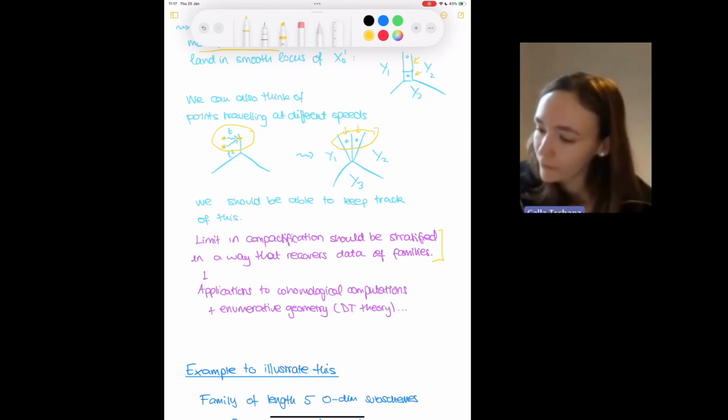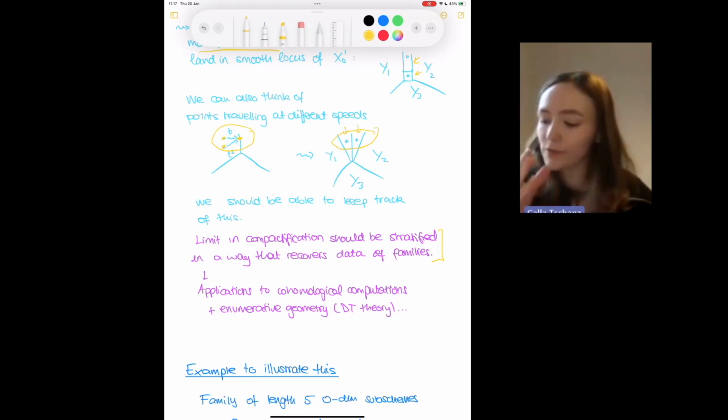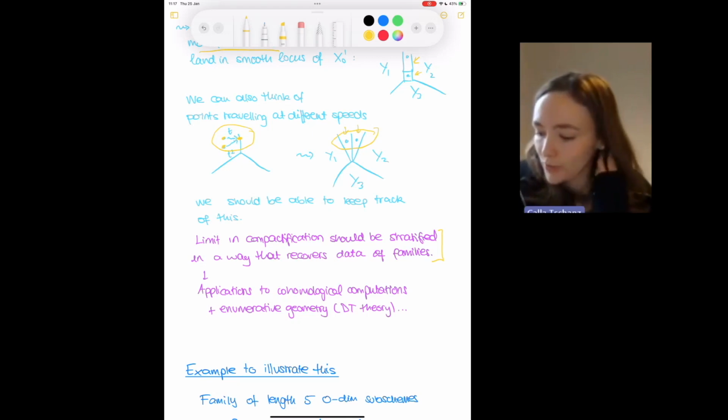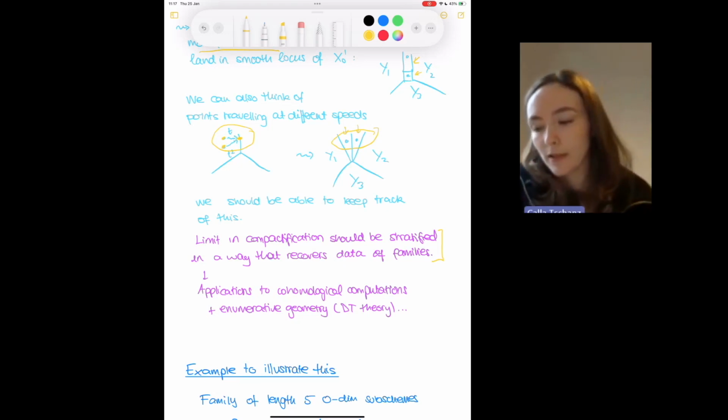Okay, so the reasons that we want to do this, it's kind of a nice moduli problem, and it's also nice for cohomological computation, stuff like that. You get to think about Hilbert schemes of points on some maybe complicated smooth surface by degenerating it to simple irreducible components.